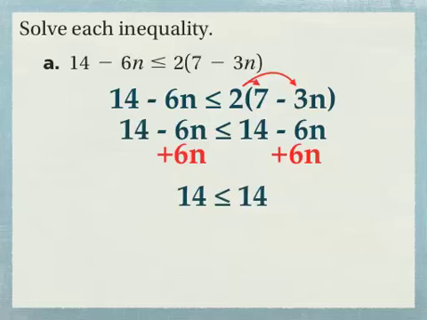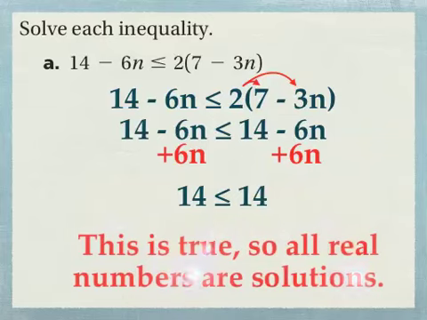So I'm left with 14 is less than or equal to 14. 14 is less than or equal to 14 because 14 is equal to 14. Because this is true, we can say that all real numbers are solutions to this inequality. So when you're solving and your variables cancel out and you're left with a true inequality, your answer is all real numbers.